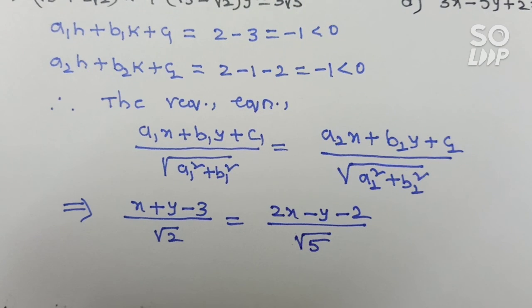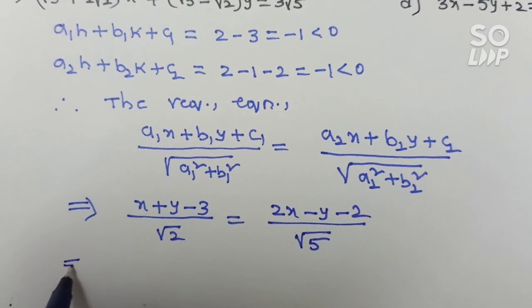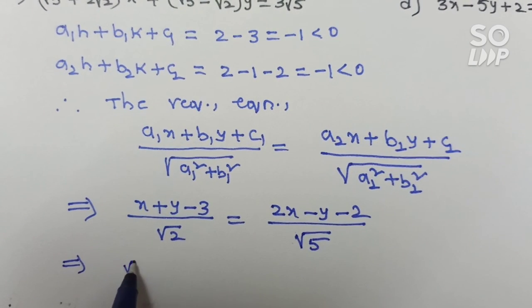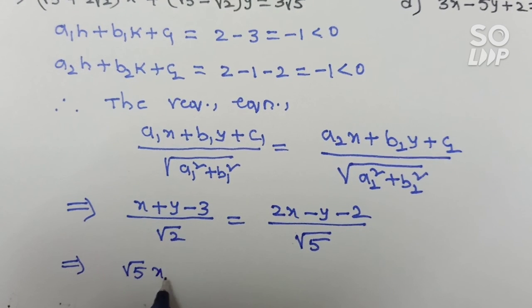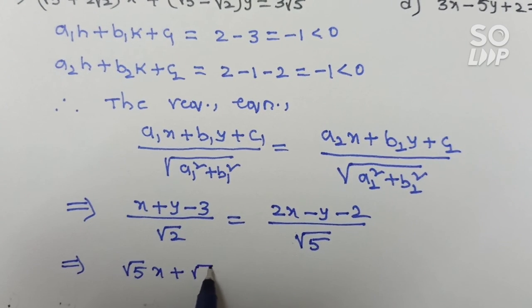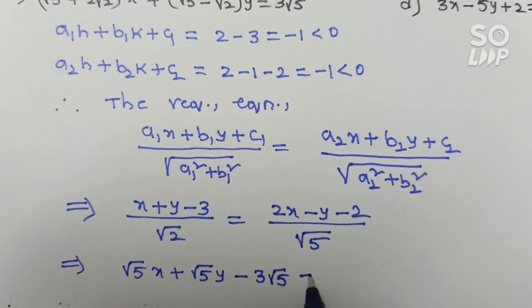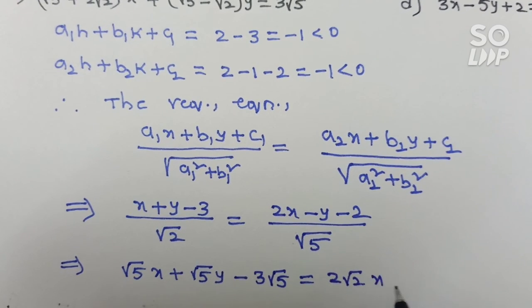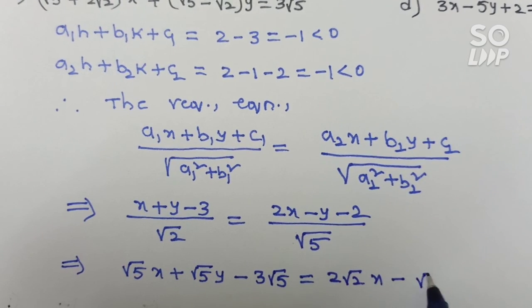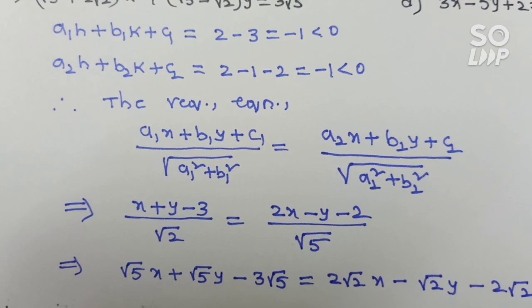Now cross multiply: root 5 into x plus root 5 into y minus 3 into root 5 is equal to 2 root 2 into x minus root 2 into y minus 2 into root 2.